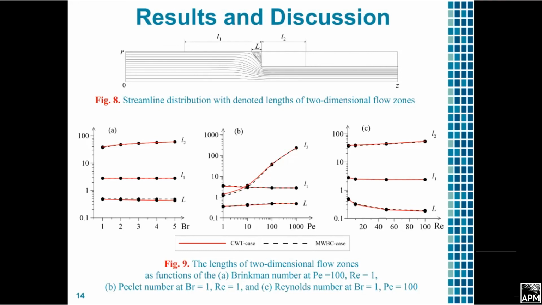And also we introduced the length of the recirculation region in the inner part of the corner. Comparing the considered two cases, CWT and MWBC, you can notice that these flow characteristics, I mean the length of two-dimensional regions, are very similar, but comparing the structures in these two cases, we should keep in mind the presence of the radial velocity that I showed you before.